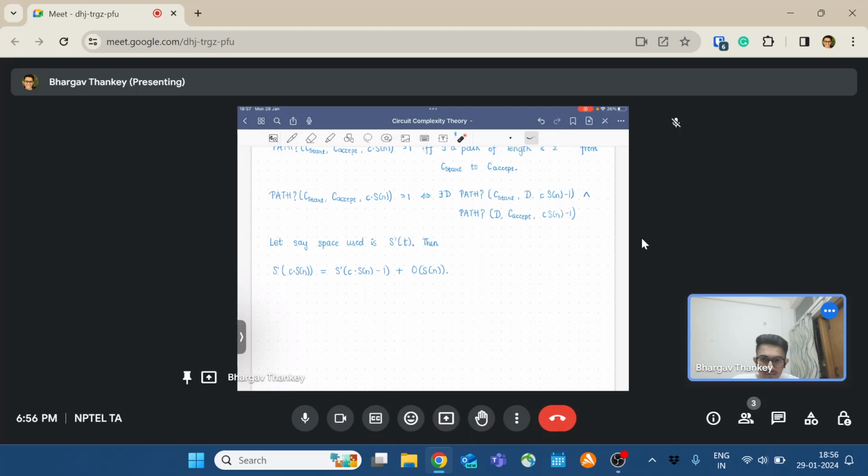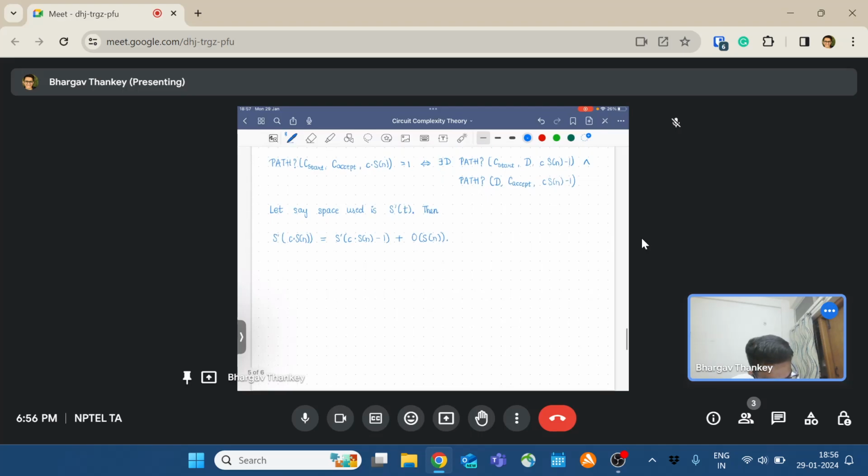When you solve this, the exponent decreases by one, and every time it decreases you get an extra order S(n). How many times do you have to decrease it? Order S(n) times. So this is order S(n) times order S(n), which is order S(n) squared.